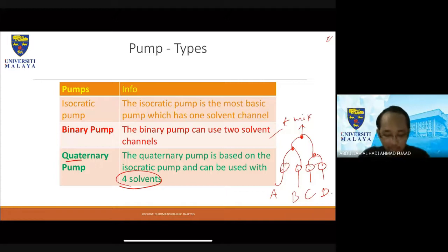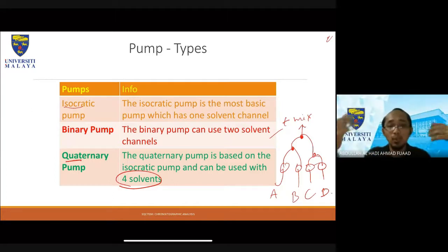An isocratic pump is the most basic pump, which has one solvent channel, just one. So with isocratic flow, if you prepare, say, 90% acetonitrile in water, you have the same solvent system throughout your run.